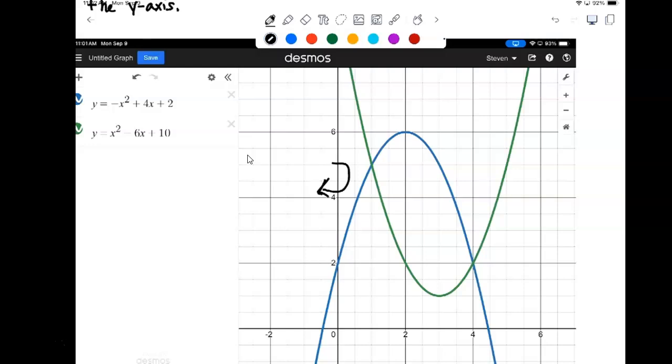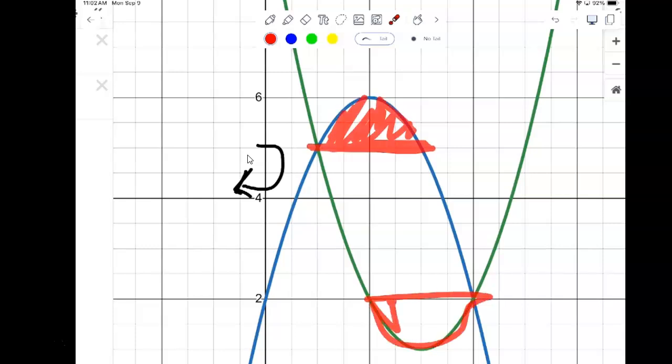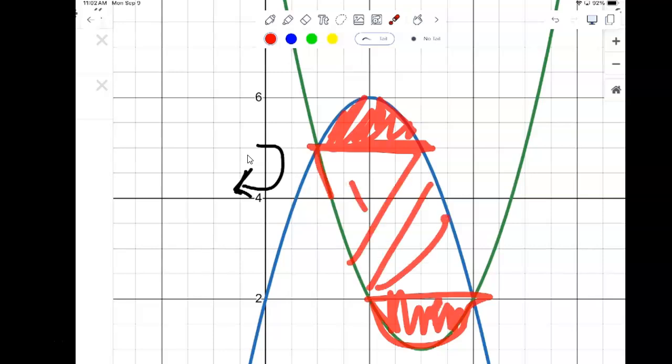So again, I want you to notice the approach with washers would be very difficult, because first of all, you'd have three different parts. You'd have to look at this region between the blue and the blue, the region between the green and the green, and then the region between this part of the green and this part of the blue.